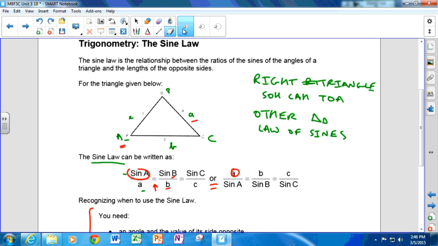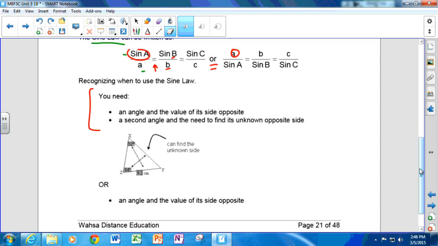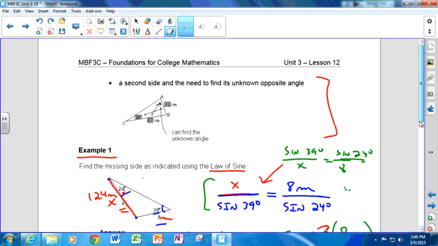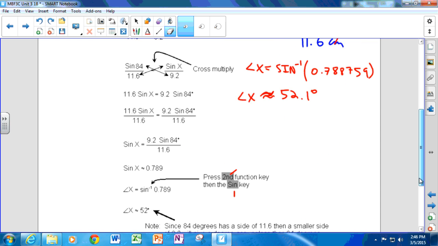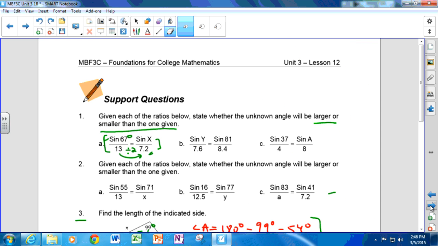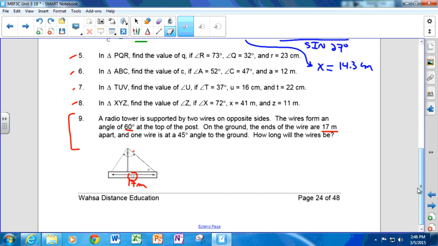So you can use those ideas to solve quite a large class of problems where triangles show up. Many problems can be solved with the law of sines, especially if you can't solve them with SOHCAHTOA. I think we went through all these questions pretty well here.